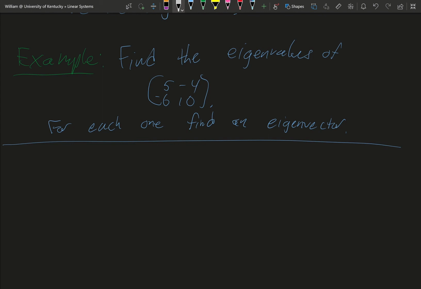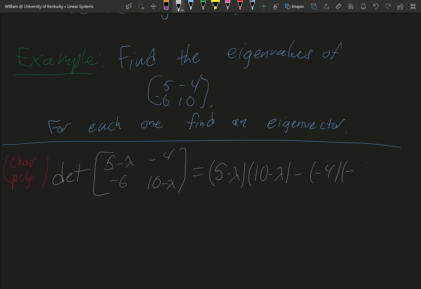What we do first is look at our characteristic polynomial, which is the determinant of our matrix where we have minus lambda on the diagonal. We should get lambda squared minus 15 lambda plus 26.